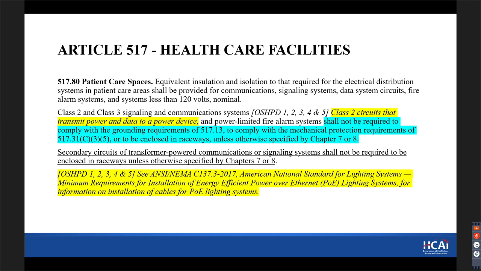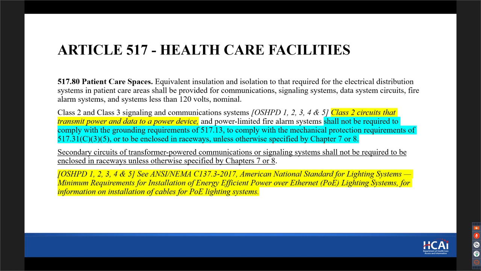Next question reads, can all lighting wiring be flex? No. The life safety and critical is required to be mechanically protected. So that wiring is required to be in hard pipe.